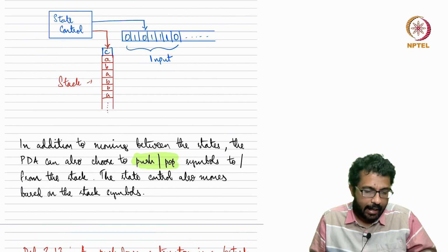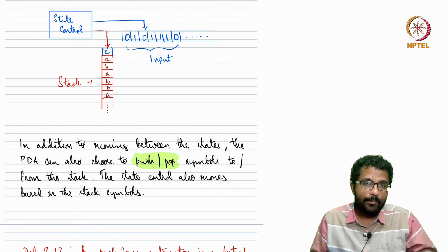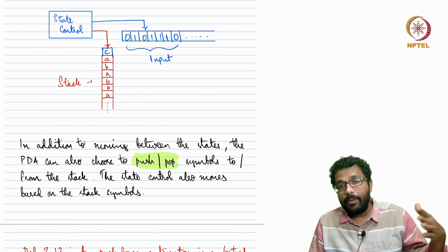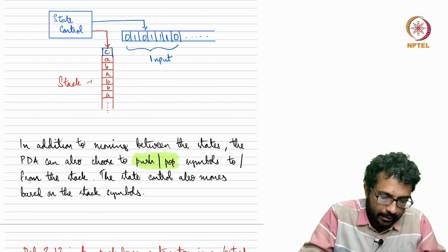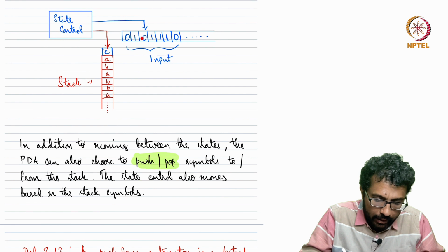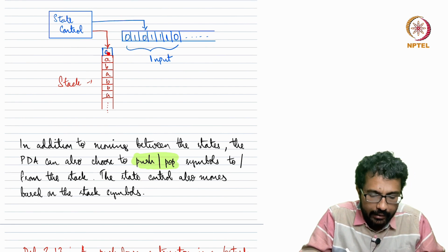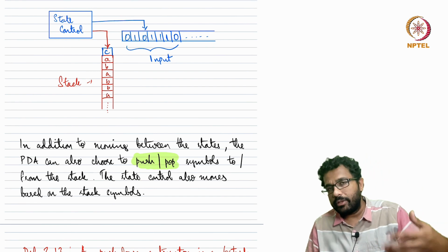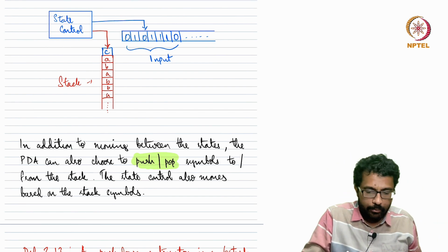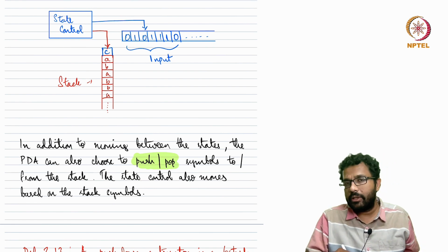In the case of a PDA, we may also look at the next symbol of the stack, right. So in the figure above, we say that the next symbol in the input is 0 and the top of the stack is C. So then we may say that now you push a new symbol into the stack, and then you make the transition Q1 to Q3 or something, right.